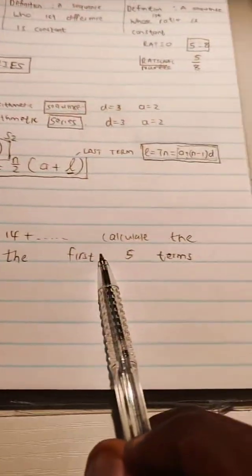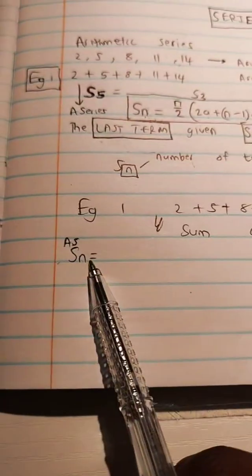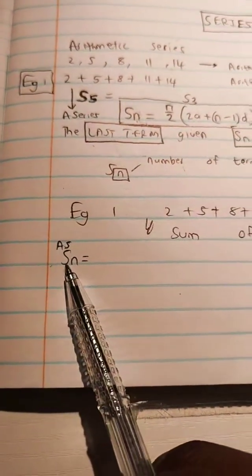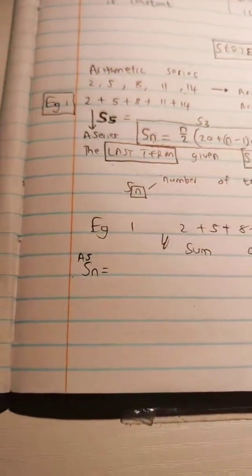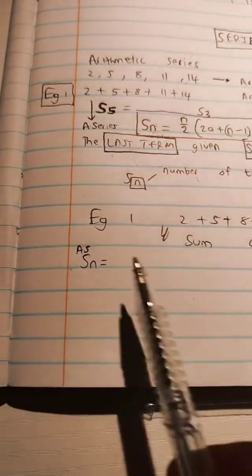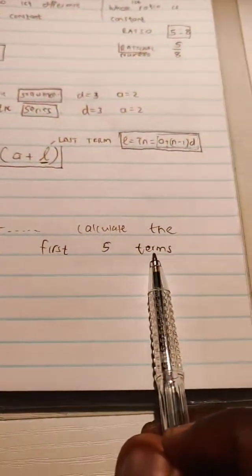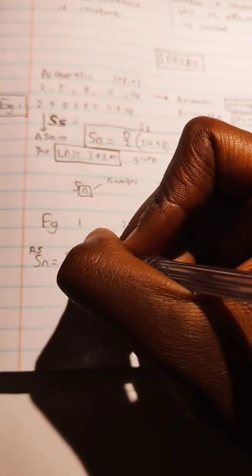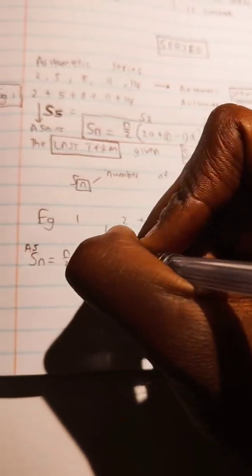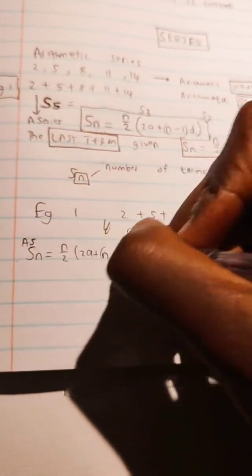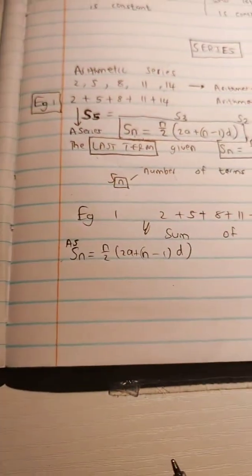So we want to calculate the sum of the first 5 terms. Remember, Sn means the sum of the first n terms. So we know the formula. It's n over 2, 2a plus n minus 1 d.